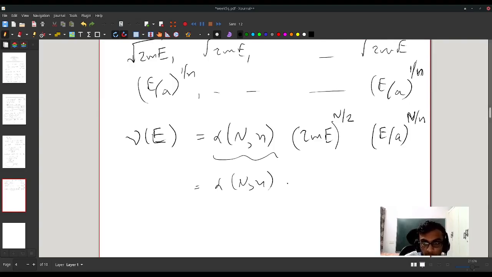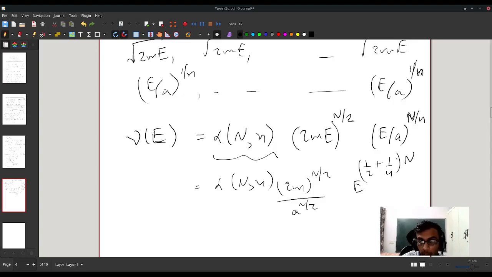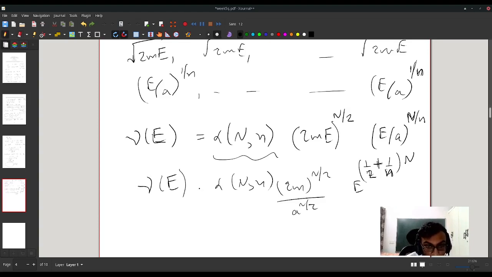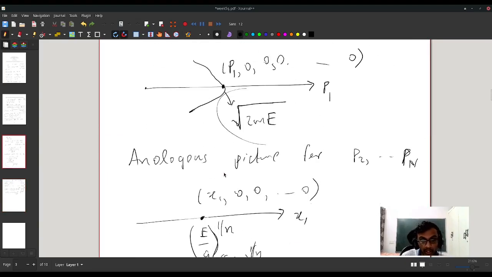Up to some factors, this is going to be E raised to the power half plus 1 by n times capital N. So this is the volume enclosed by this surface, or to say this in another way, this is the volume enclosed by the region in which the energy function is less than E.